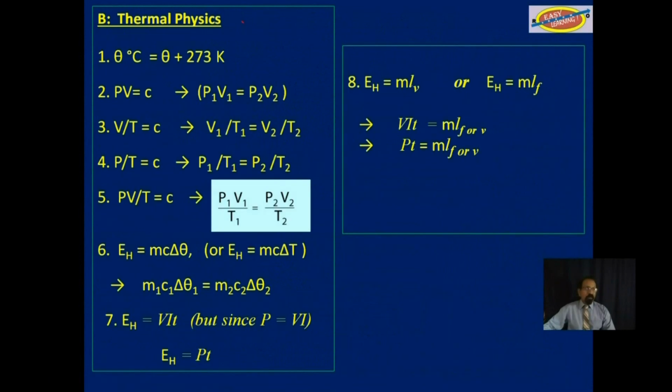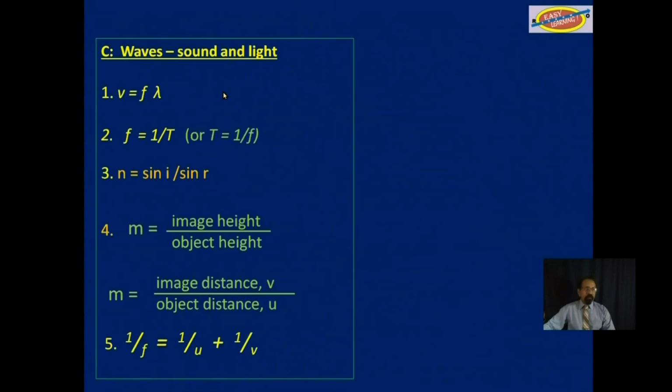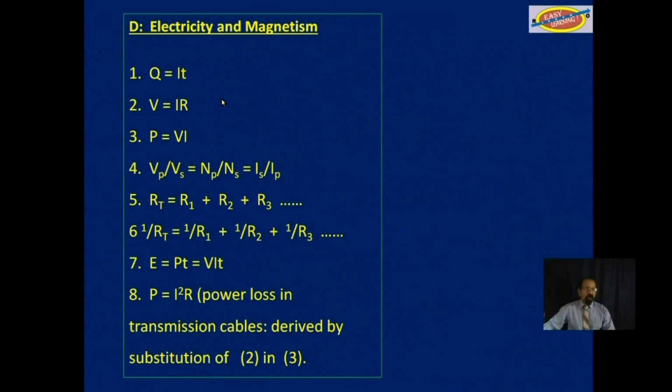For thermal physics, these are the formulae that you need to know. For waves, which deals with sound and light, you have these 5 formulae. For electricity and magnetism, we have these formulae listed here.